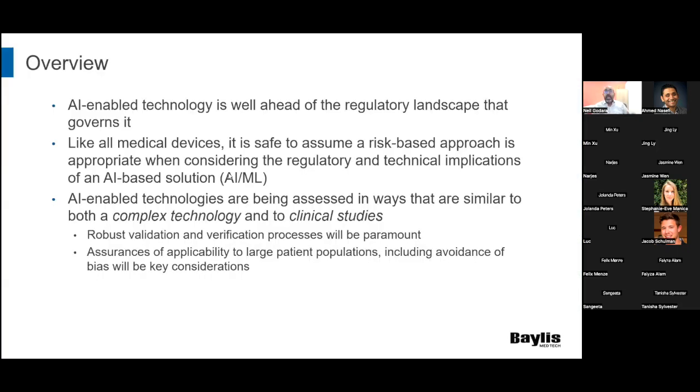And the reality is that when you get asked about safety and efficacy, especially from a regulatory lens, the regulators love falling onto known frameworks, spreadsheets or guidance documents through which they can evaluate whether your device is safe and effective. Now, the issue with AI-enabled technologies is that the technology itself is way ahead of where the regulatory world is. And you have to understand that medical devices is a very conservative business.